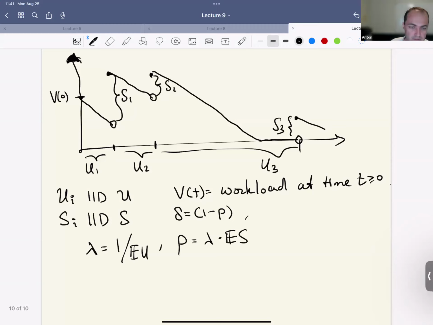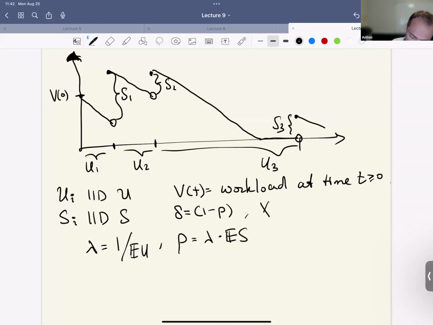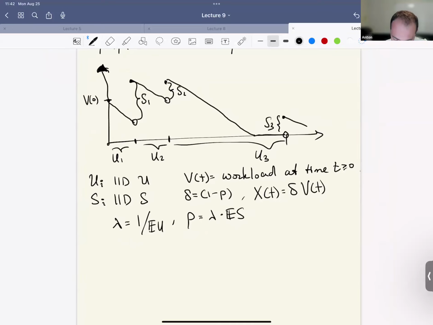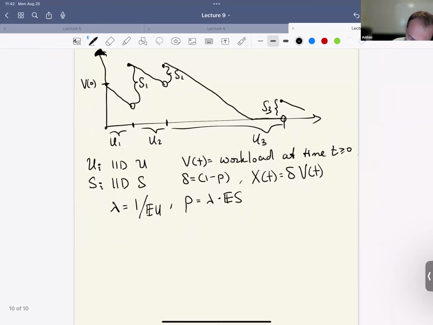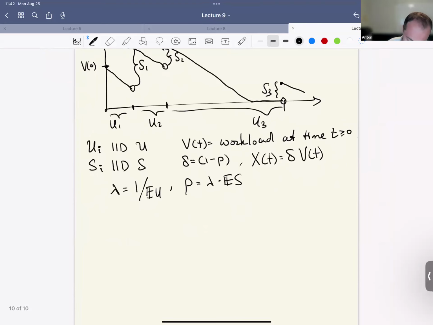And delta is 1 minus rho. And X of t, I like using X for always the quantity we're actually going to work with. This is going to be a scaling of the workload. There's no centering. The centering is around 0. Okay, so let's not make any more assumptions than we need to. We'll see what needs to happen as we go along.